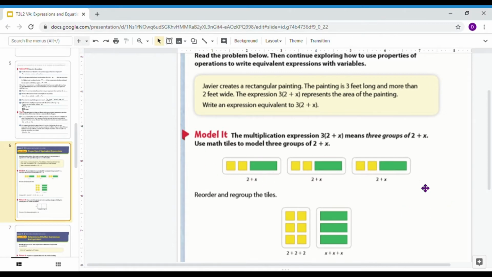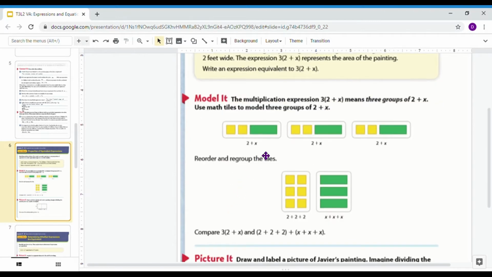So when I look at those 3 groups, I see it here. And then if you reordered it and you added your like terms, so if I just took all my yellow squares, which I know that I have 2 in each group, I would have 2 plus 2 plus 2. And then if I had all my x's, I would have x plus x plus x.